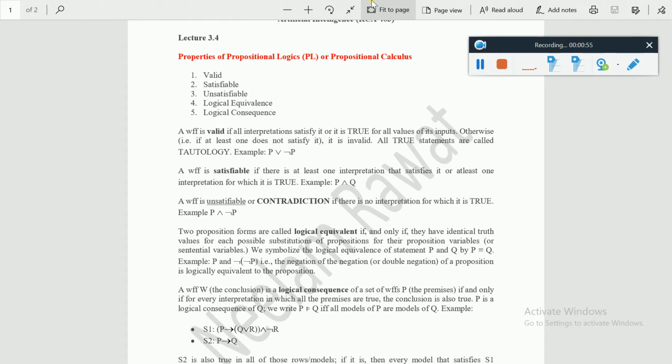If it is not, then it would be invalid. All true statements are called tautology. We have an example: P or not P, whose interpretation will always be true for its inputs. So we call it a valid sentence.